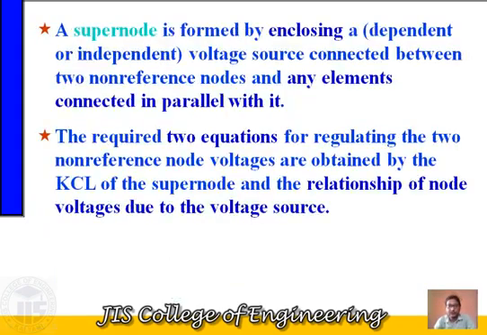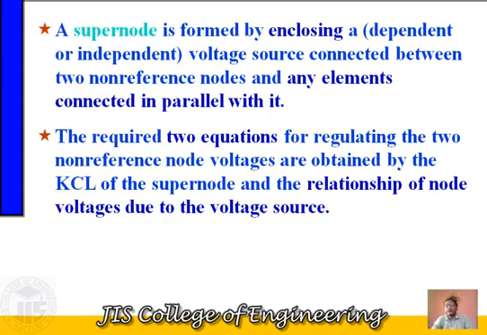For this super node we have formed, it is written here that a super node is formed by enclosing a voltage source connected between two non-reference nodes and any elements connected in parallel with it. Then only we can consider the concept of this super node. The two equations required for the two non-reference node voltages are obtained from the KCL of the super node and the relation of the node voltages due to the voltage source.